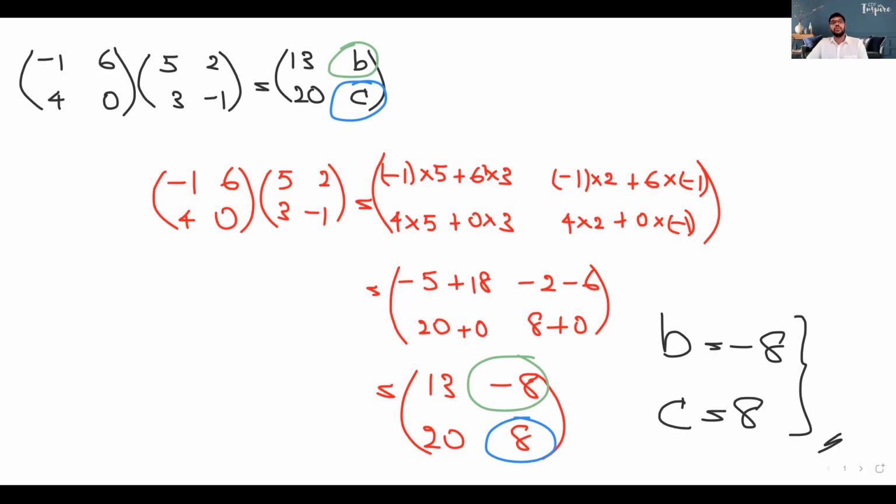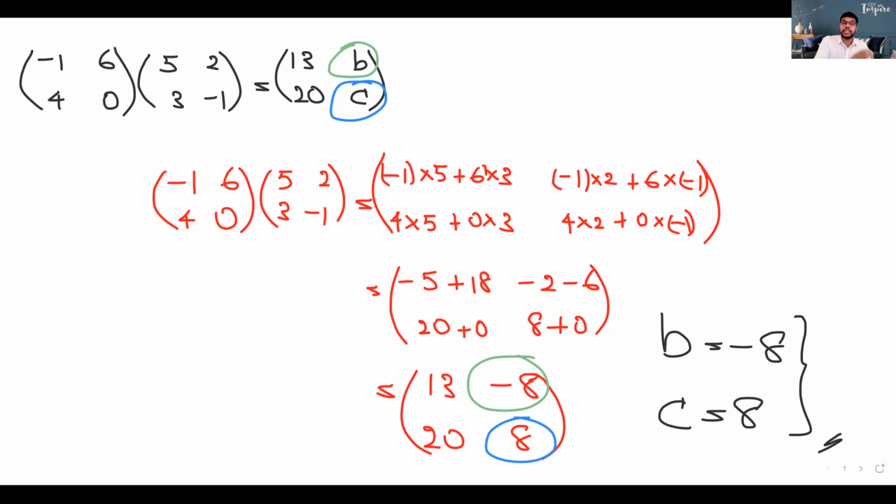So children, we know that when you multiply the first two matrices, your answer should be the matrix on the right hand side. So what you can do is you can take the two matrices and you can multiply them together. So that is what I have done here, right? So in red, what I have done is I have multiplied the two matrices together, right? So you know the process of matrix multiplication.